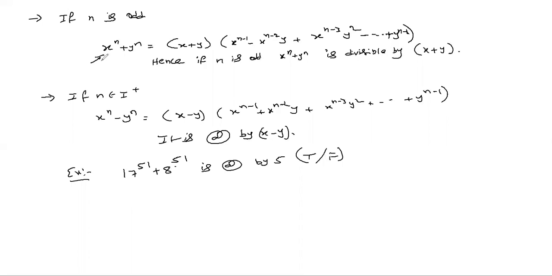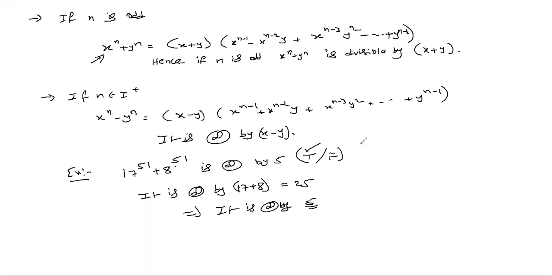According to this note point, whenever n is odd, x power n plus y power n, in this form, it is clearly divisible by x plus y, we can write 17 plus 8, so it is nothing but 25. Whenever this is divisible by 25, then it is divisible by its factor 5. Divisible by 5 clearly. Yes, it is true.